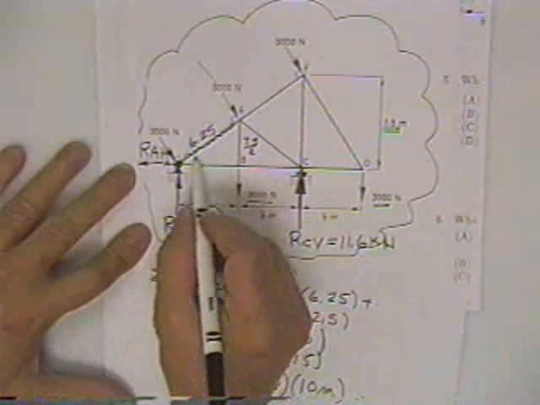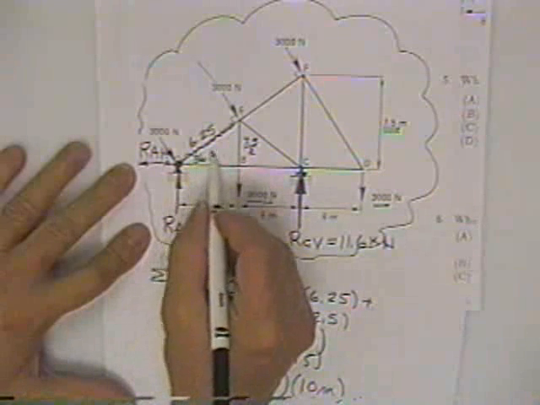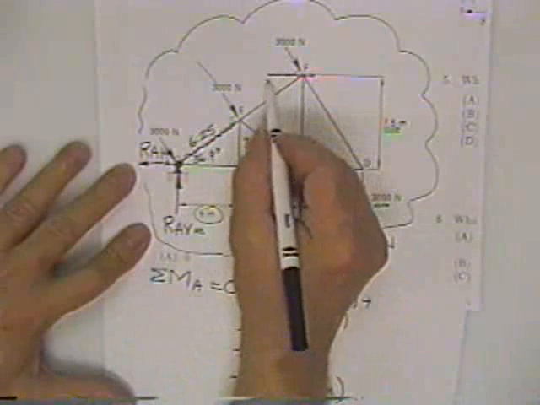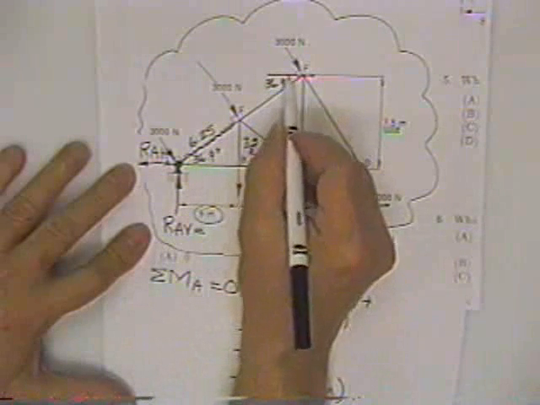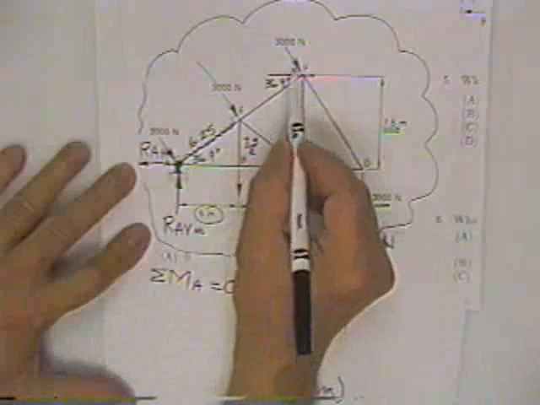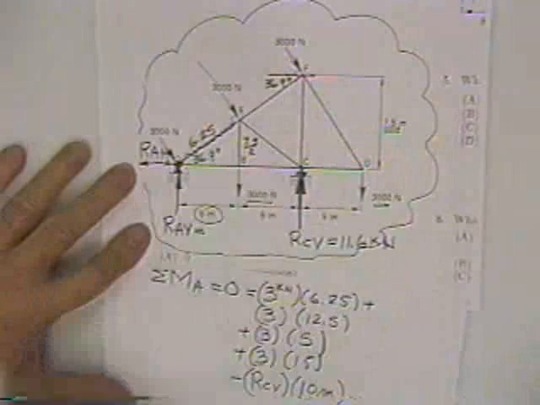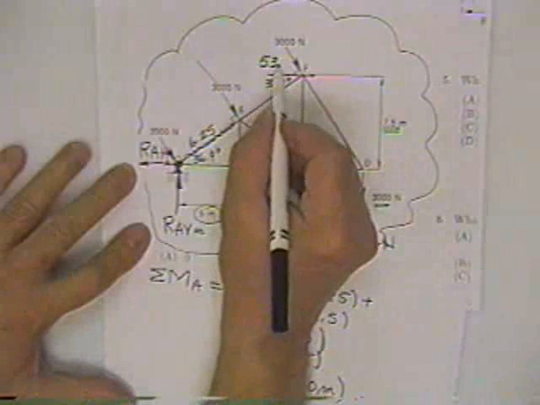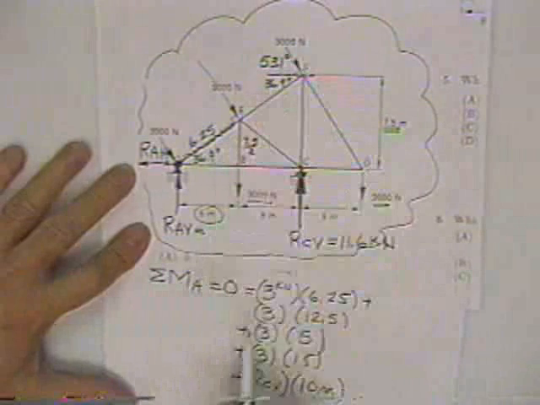How many degrees? 36.9. So that's 36.9 degrees. So what that means is this is 36.9 degrees in there, and this is 90, so what is 90 minus 36.9? 53.1. 53.1 degrees in there.